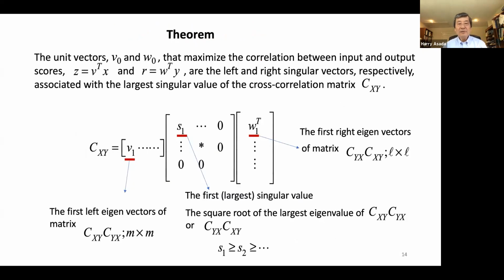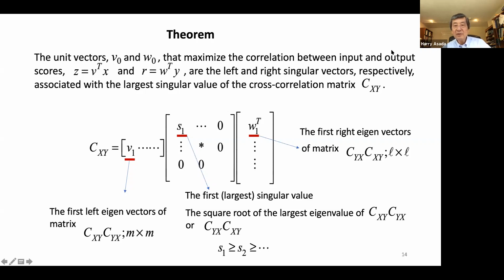So here's actually an application to our partial least square regression. The optimal unit vectors, V optimum and W optimum, maximize the correlation between input and output scores. Z equal this guy, R equal this guy, okay? Are the left and the right singular vectors.